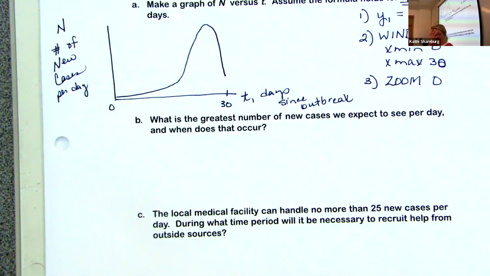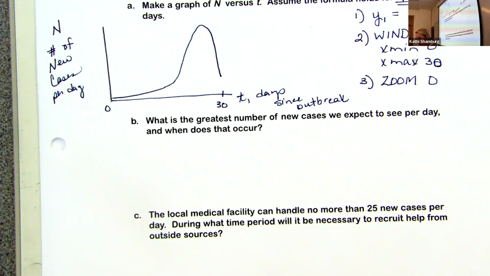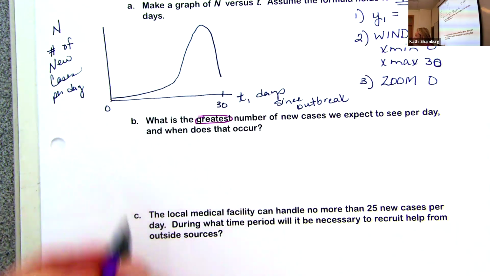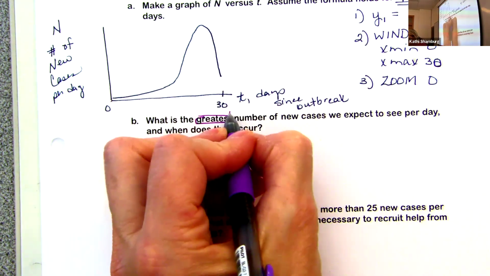Not a great picture, but kind of. Okay. We all okay? Okay. What is the greatest number of new cases? So here's your keyword right here, which tells you that you're gonna locate what? That's the maximum.